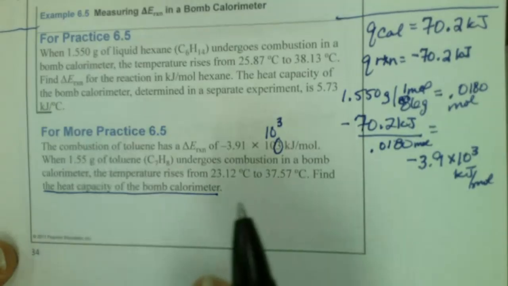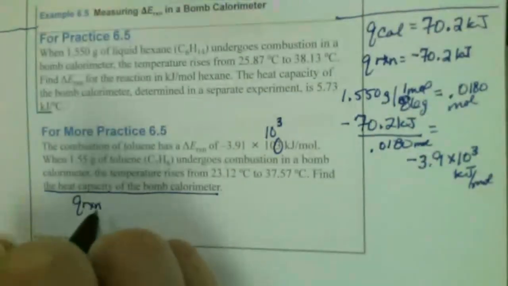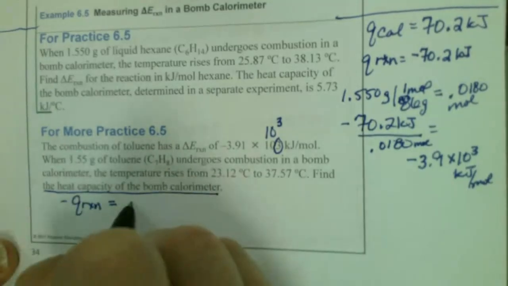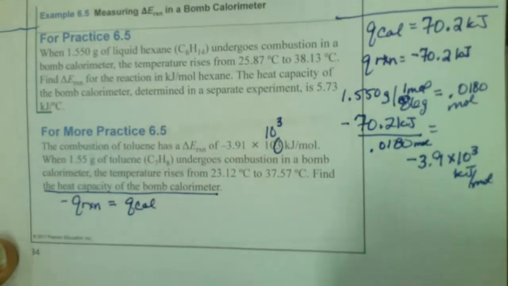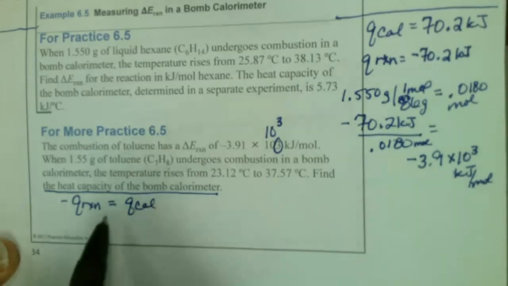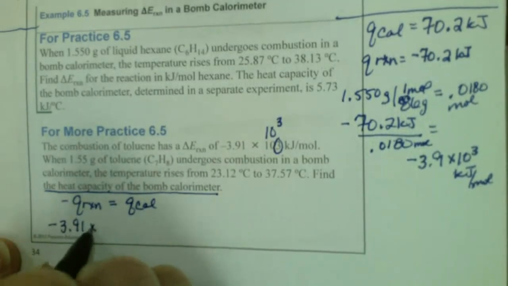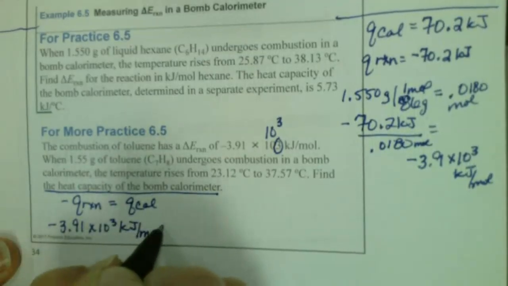Well, so let's look and see what we know. The Q of the reaction is equal to the Q of the calorimeter. Well, we know that the reaction was negative 3.91 times 10 to the third kilojoules per mole.